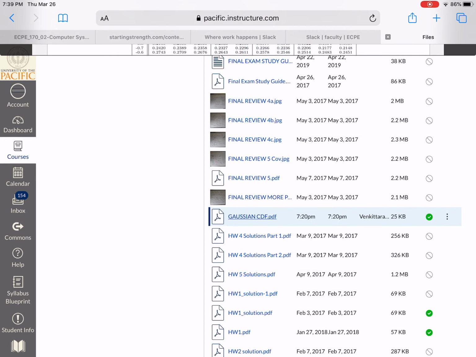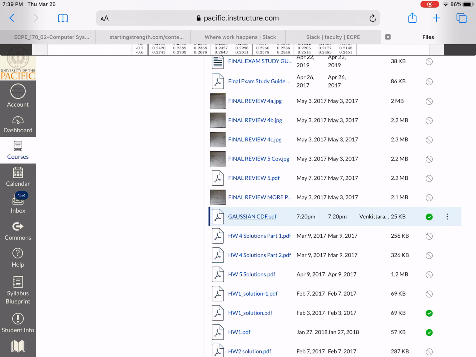So this value right here, 0.5596, is the value of the CDF at 0.15.